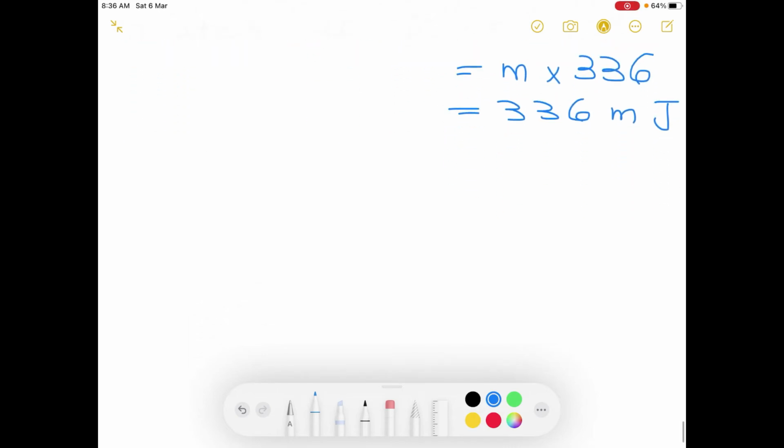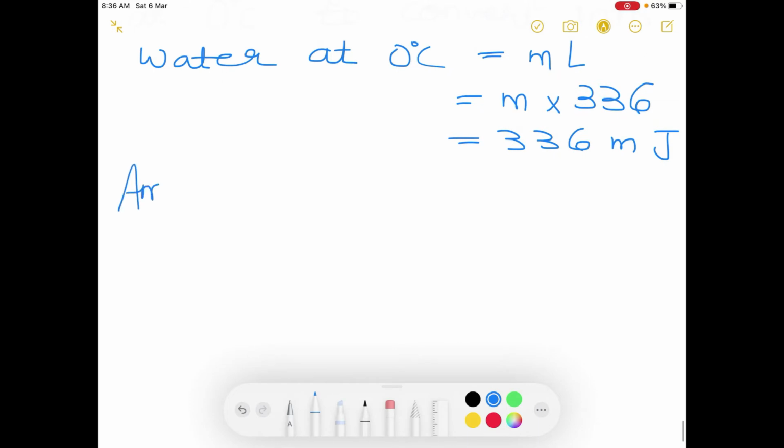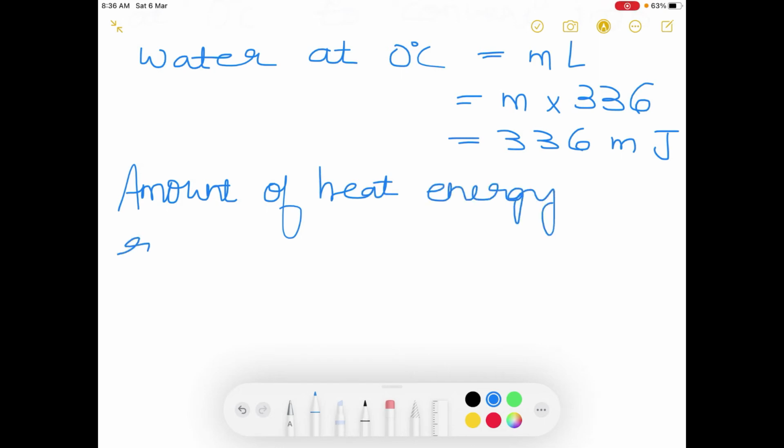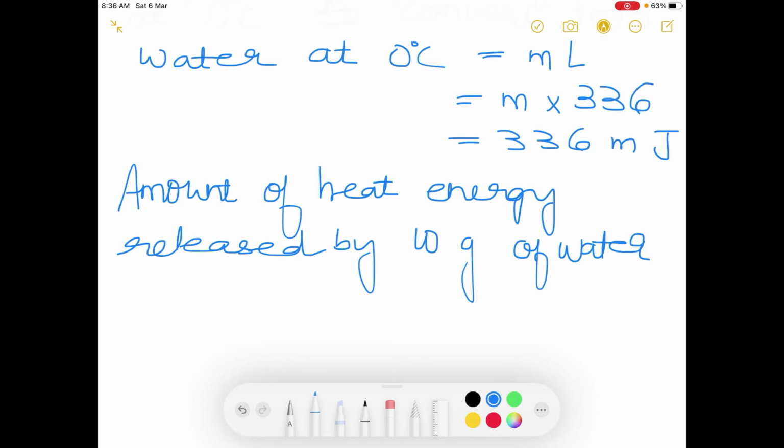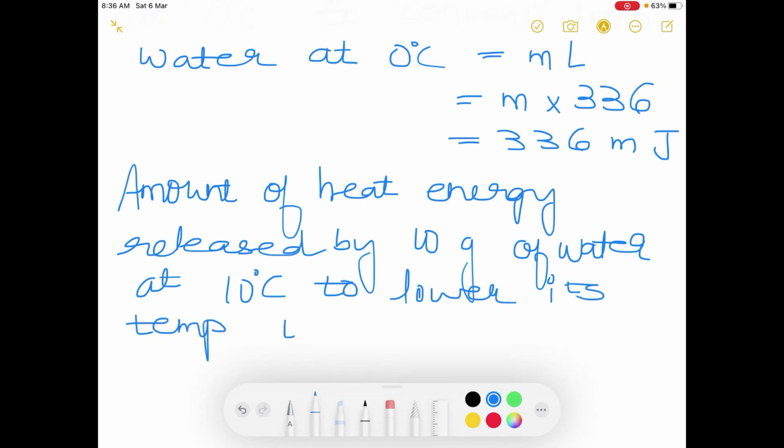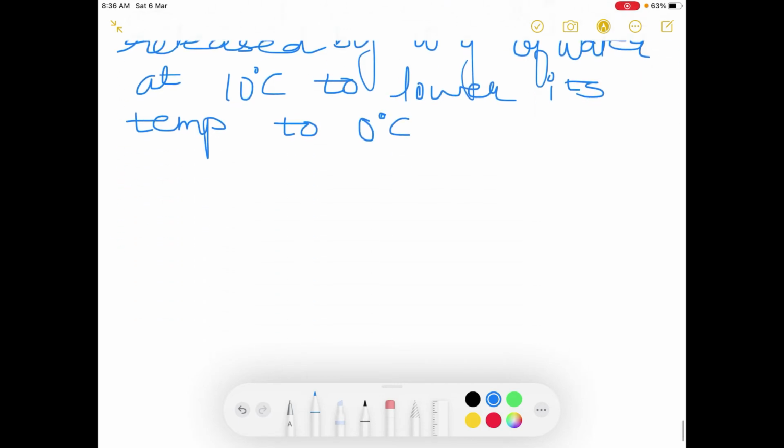Done? Now, amount of heat energy released by 10 gram of water at 10 degree Celsius to lower its temperature to 0 degree Celsius, because that is the final temperature.